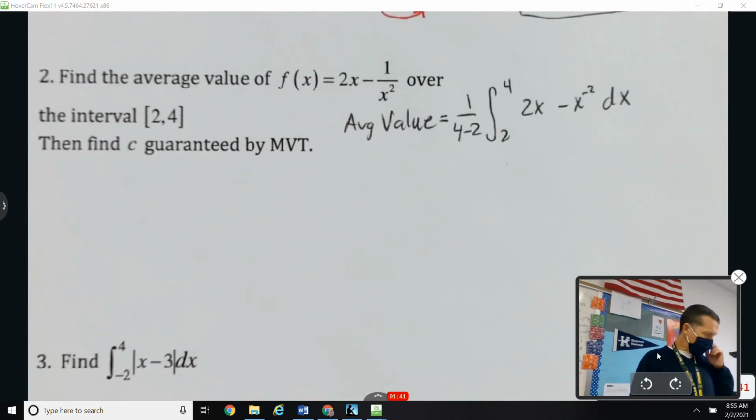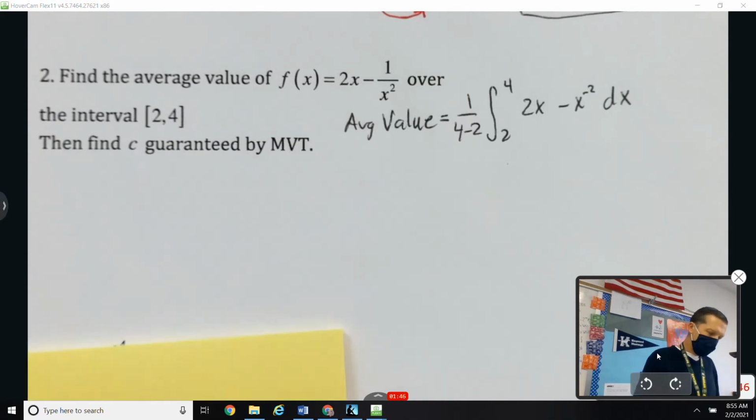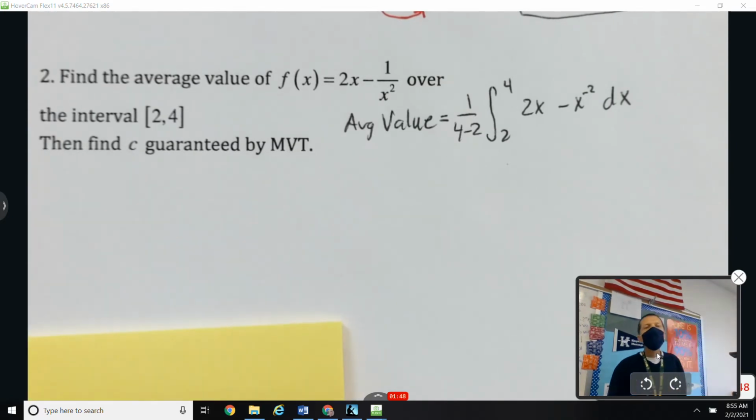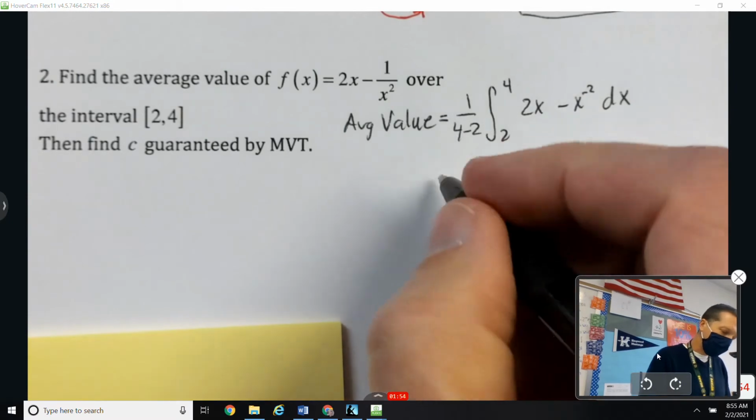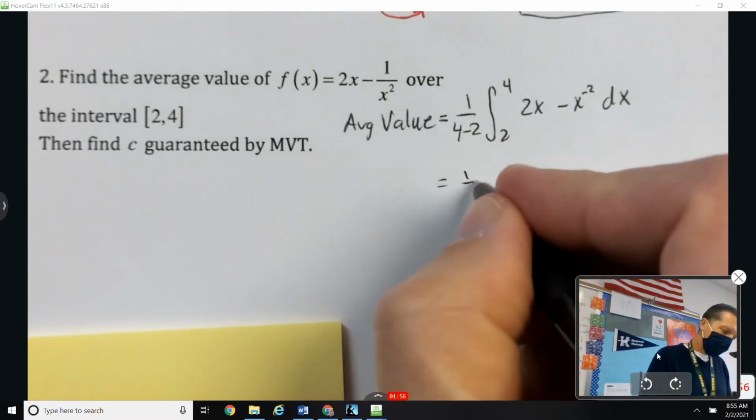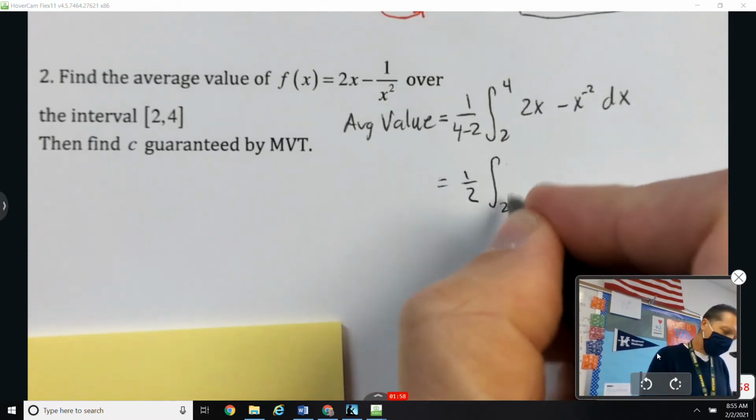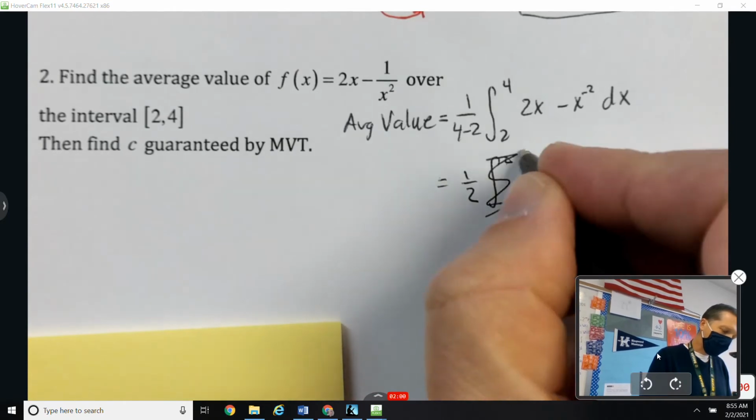Number 2, or number 3 for now. Number 2, average value: 1 over the width times the area, or the area divided by the width. And the area we get by taking the antiderivative. So 1/2 integral from, I can integrate that.